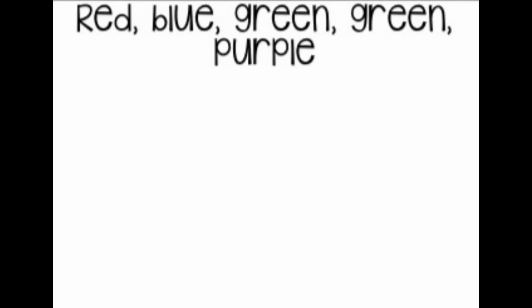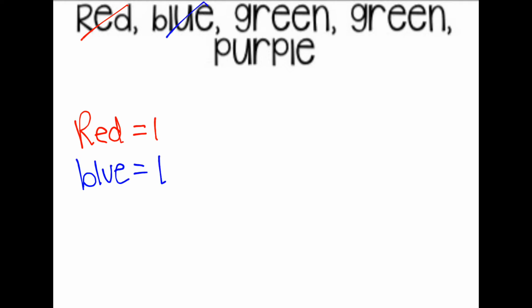Here we have a non-numerical data set. We have red, so we will write red. And how many reds do we have? We have 1. We have blue, and we have 1. We have green, we have 1, 2.